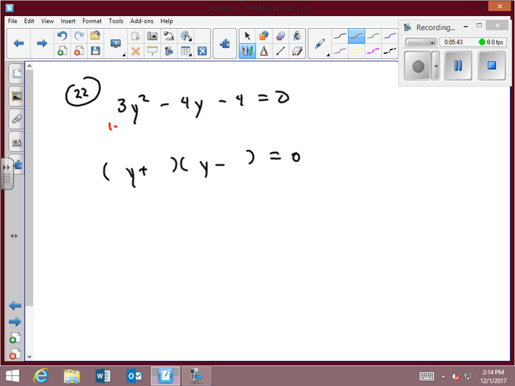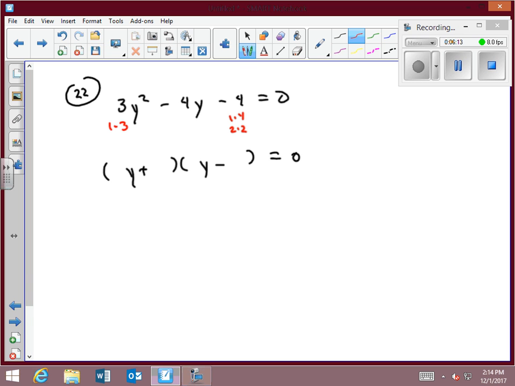Now, what is the combination? Because the signs are opposite, it's a difference of 4. It's the 1 and 3.